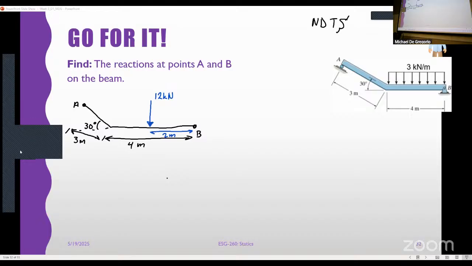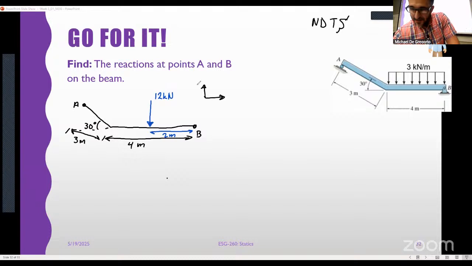And either way, you're going to have to deal with that 30 degrees at some point, right? So you can choose whatever you want, you can draw it however you like. I am going to just use our standard plain 90-degree angle X and Y, okay?